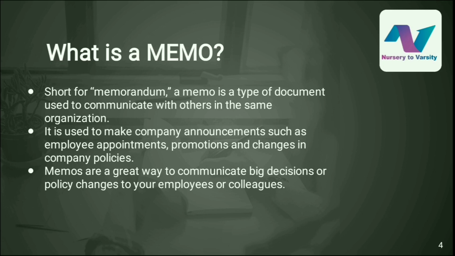When you want to promote someone or tell someone about a change in policy, you don't text or message him. You write a proper memo with the proper format. It is a great way to communicate big decisions or policy changes to your employees or colleagues. I hope you understood what a memo is.